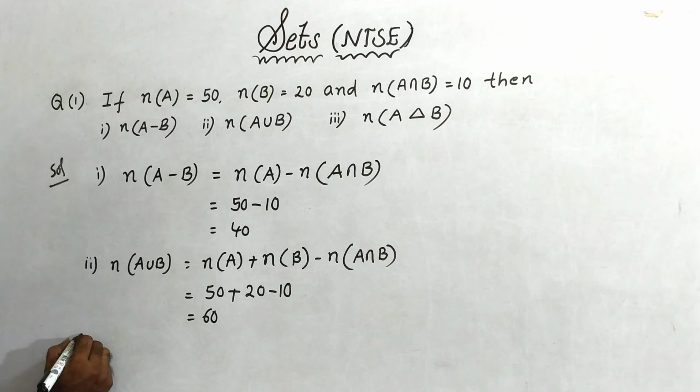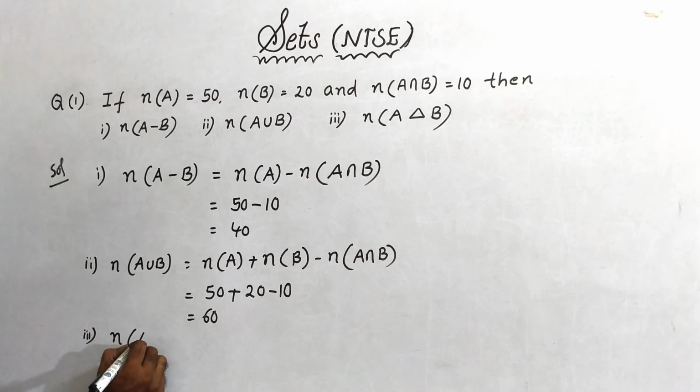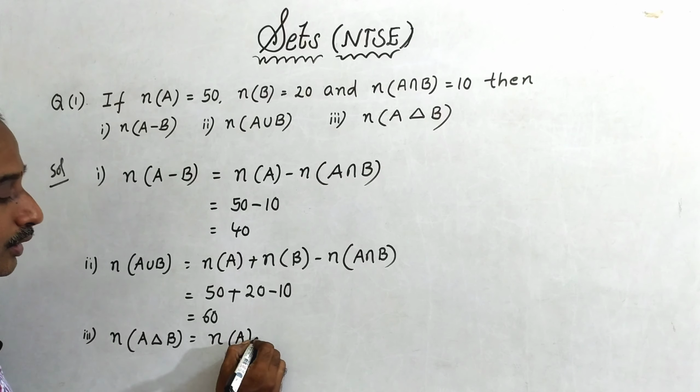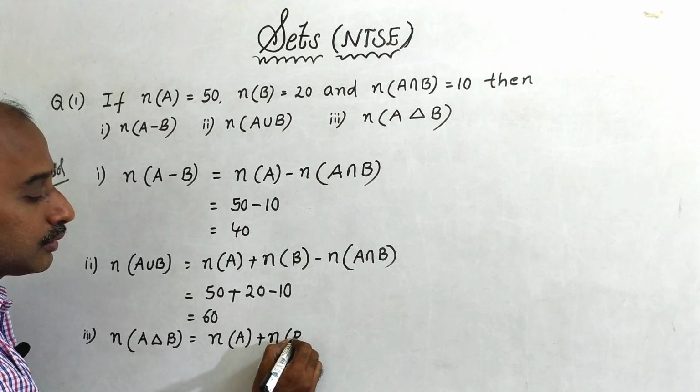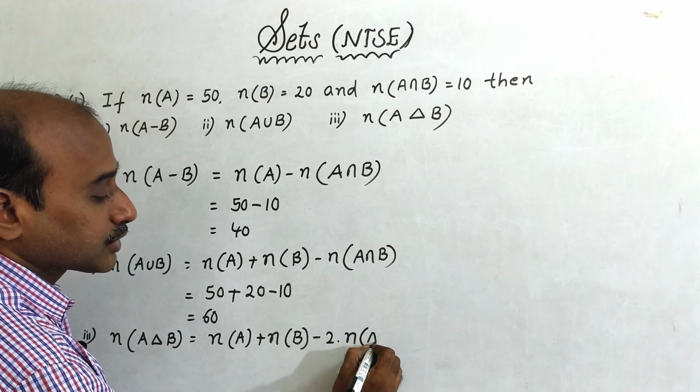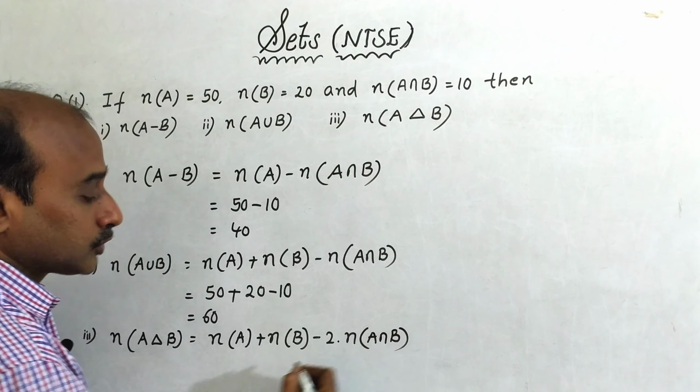Now come to the Roman 3. n(A delta B). n(A delta B) is equal to n(A) plus n(B) minus 2 into n(A intersection B). Okay.